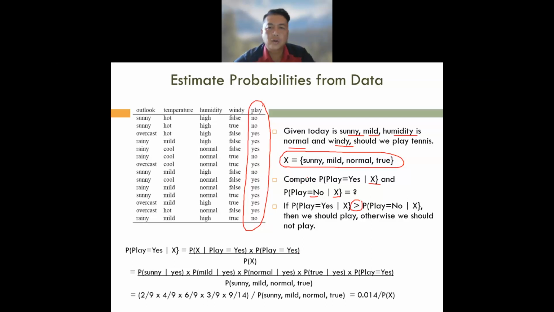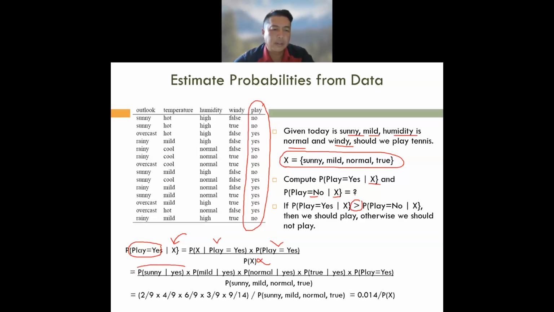Okay, so for example, given the x here, we compute the probability of play yes. Basically, this one we can ignore, and we are computing all this. Over here, we assume they are independent, so that's why we can separate them.